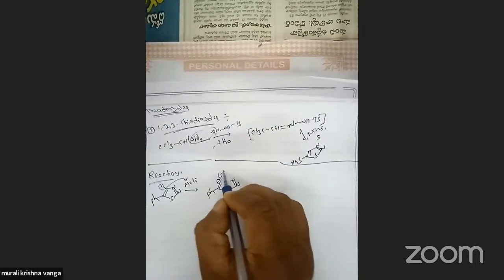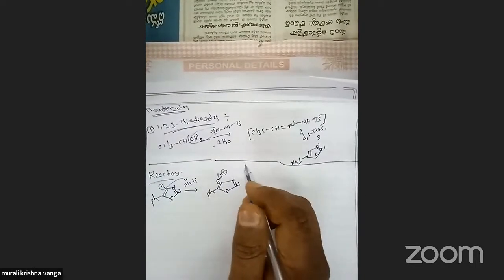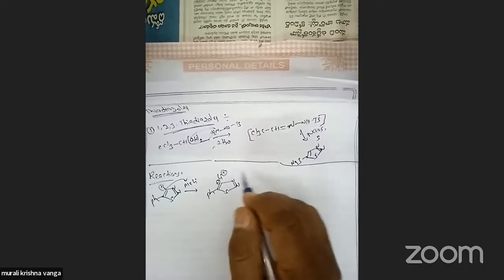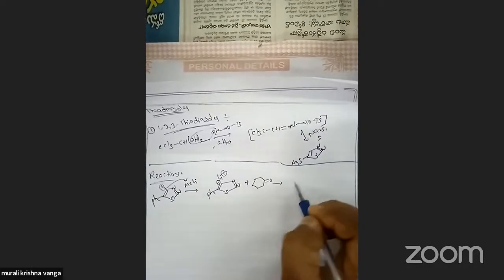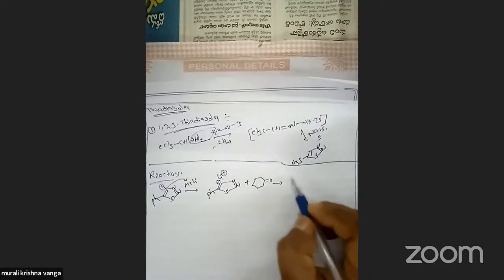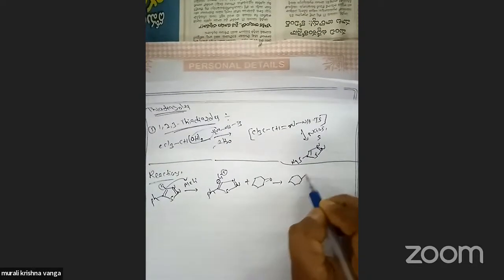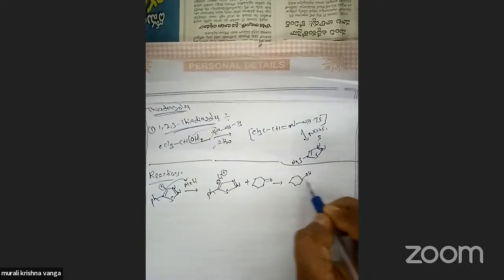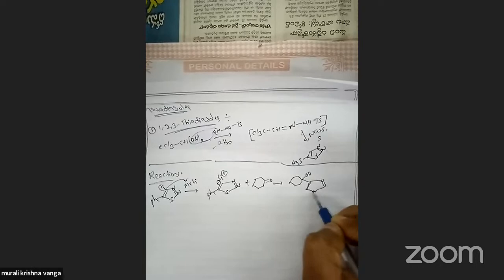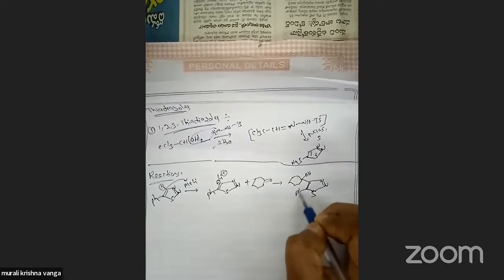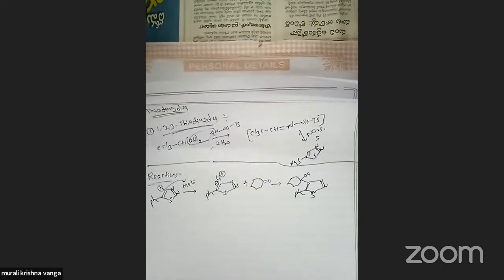Negative charge here, positive charge on lithium, and it reacts with a carbonyl compound. Then the negative charge attacks the carbonyl carbon. The product is formed; the 5-substituted product is the major one.